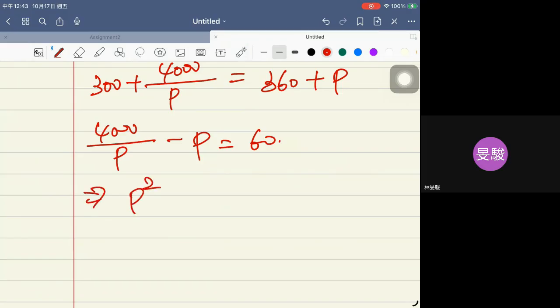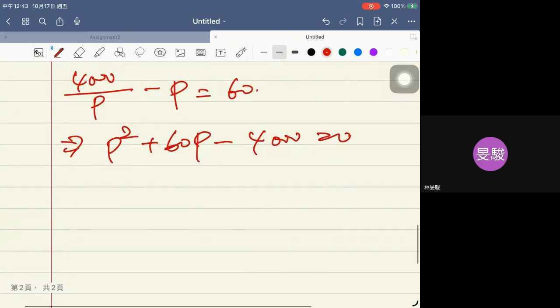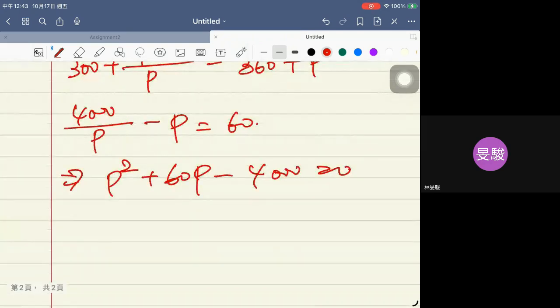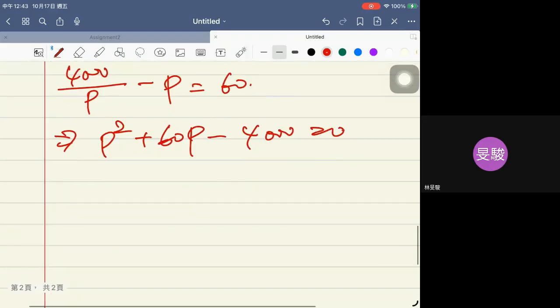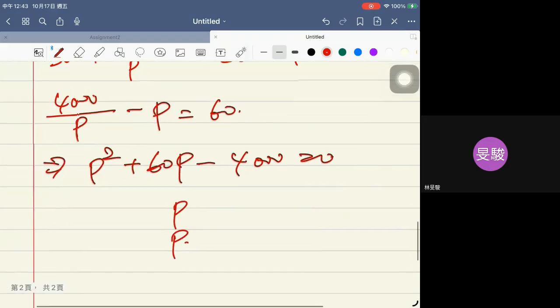P squared plus 60 P minus 4,000 equals 0, and we need to solve this equation.